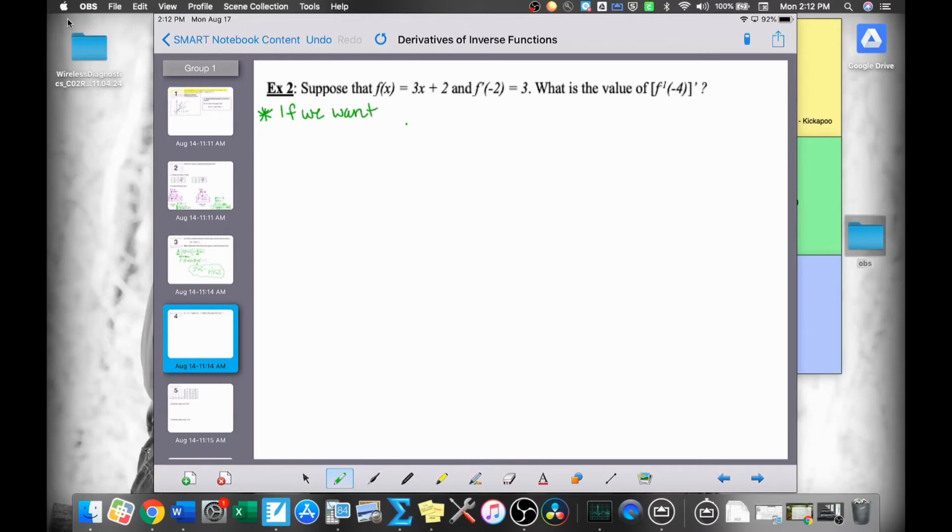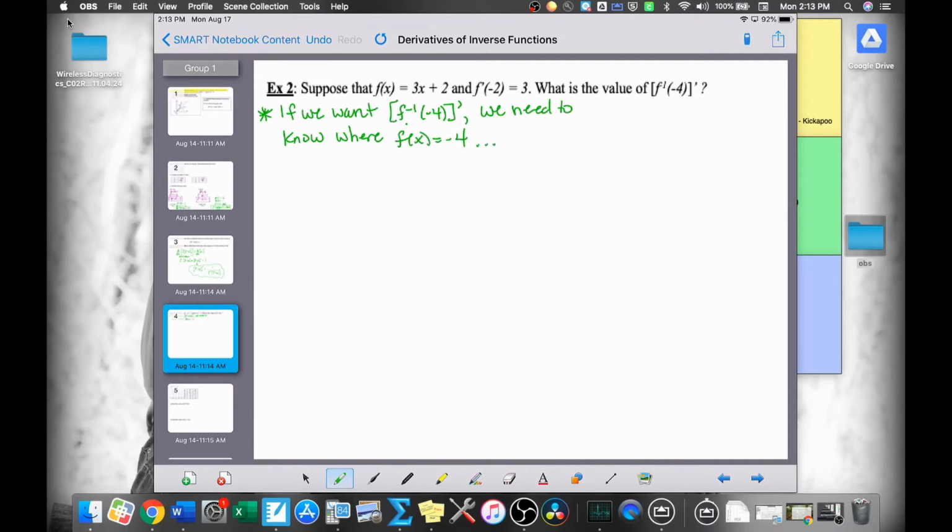If we want f inverse of negative 4 prime, we need to know where f of x equals negative 4.